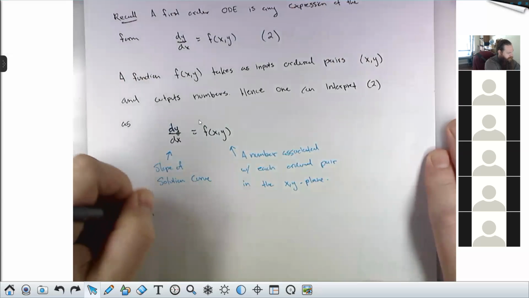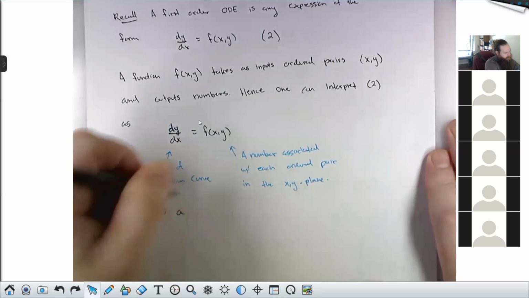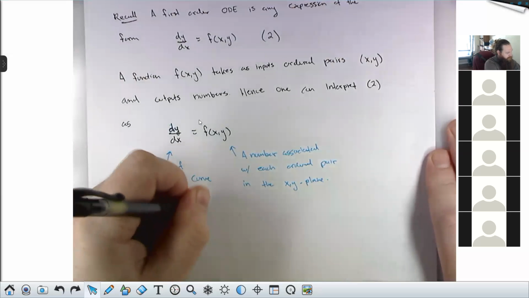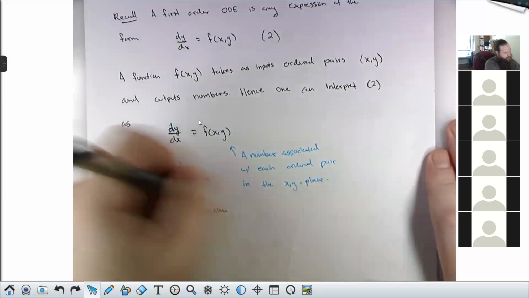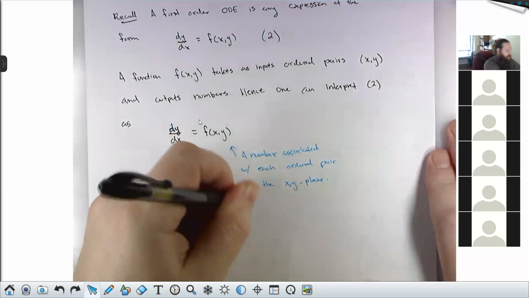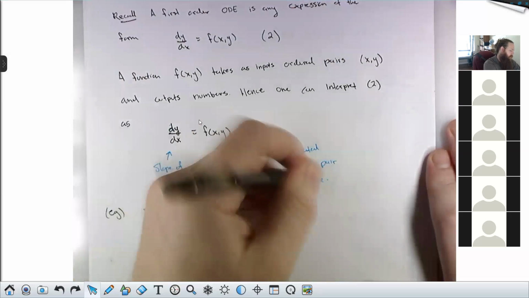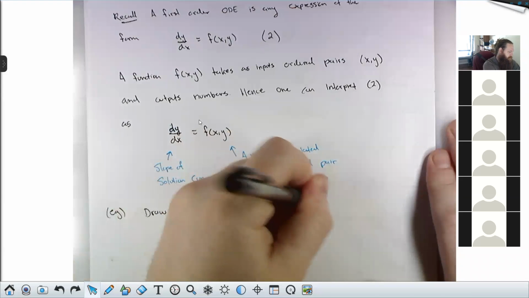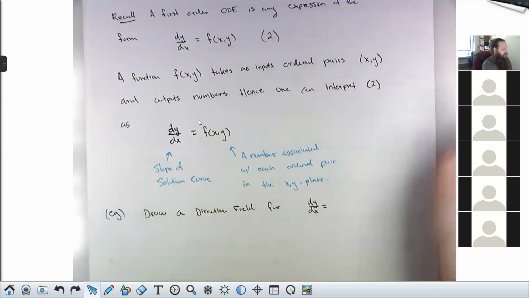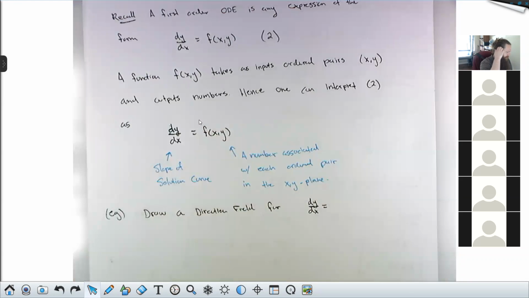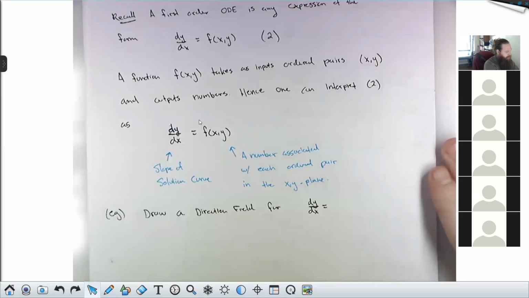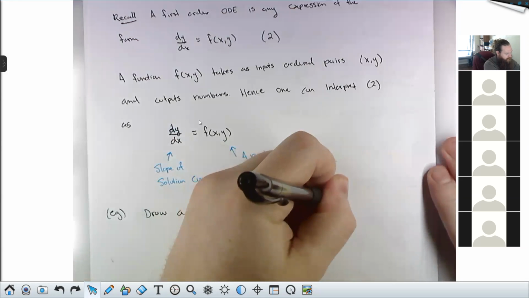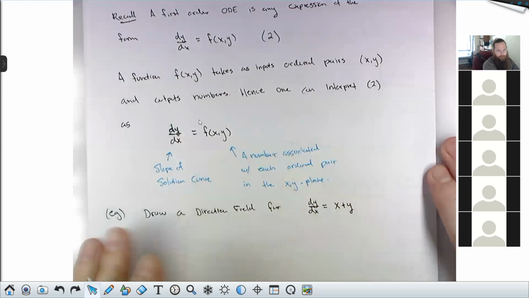Let's draw a direction field for, let's do something simple, just dy/dx equals x plus y.